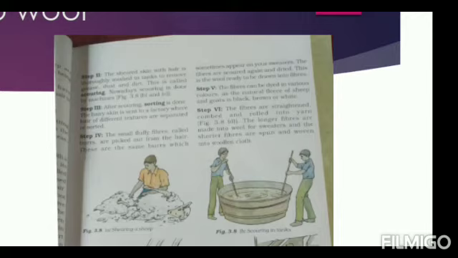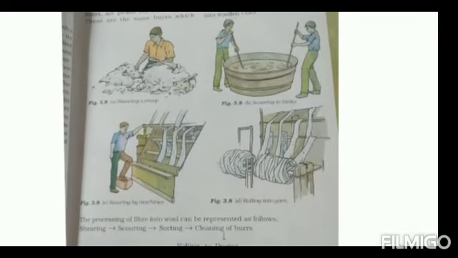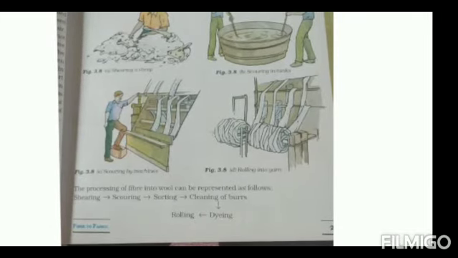The longer fibers are made into wool for sweaters and the shorter fibers are spun and woven into cloth. This is the process. The process of fiber to wool can be represented as follows: shearing, scouring, sorting, cleaning of the burrs, dyeing and rolling.